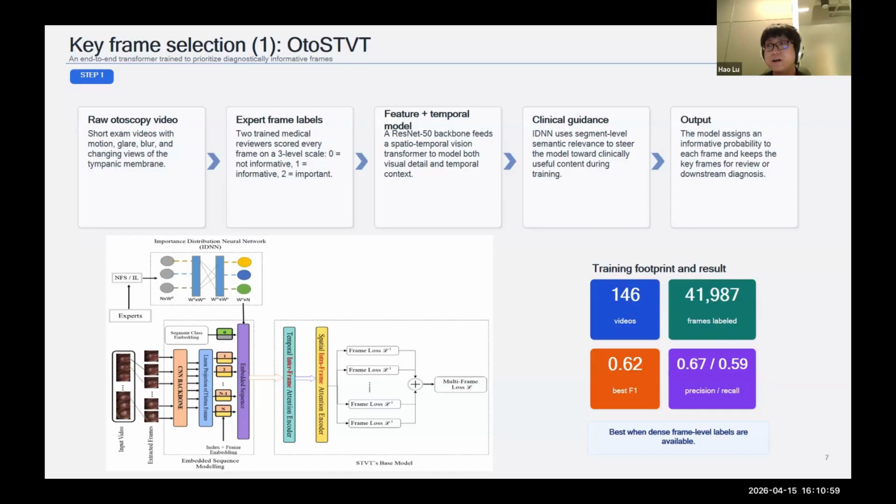As I mentioned, for an otoscope video, only very few frames have the informative information.